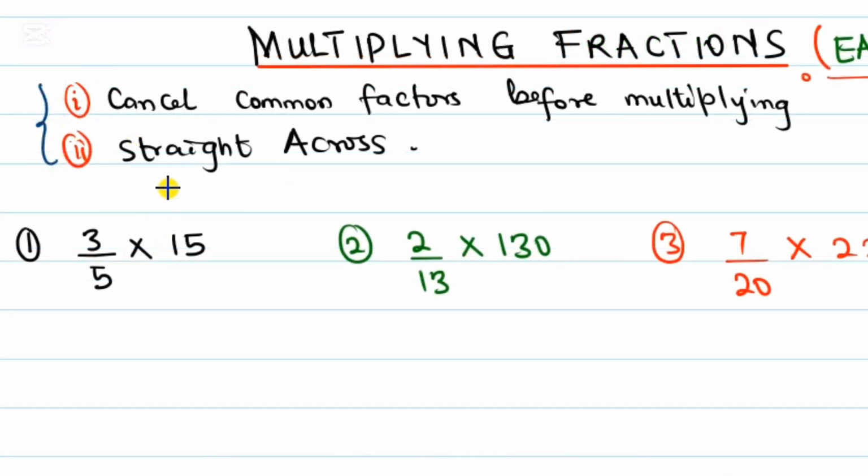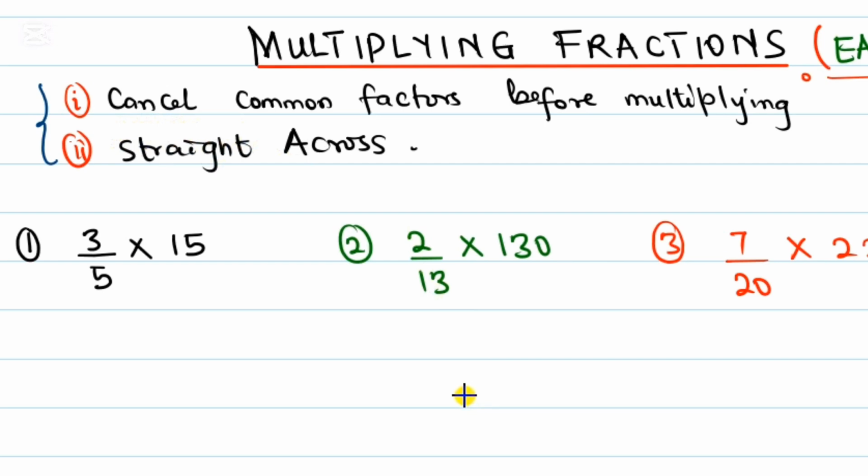First, you should be able to cancel common factors before multiplying. And then what approach does the multiplication take? It takes a straight across approach. Now back to the first.